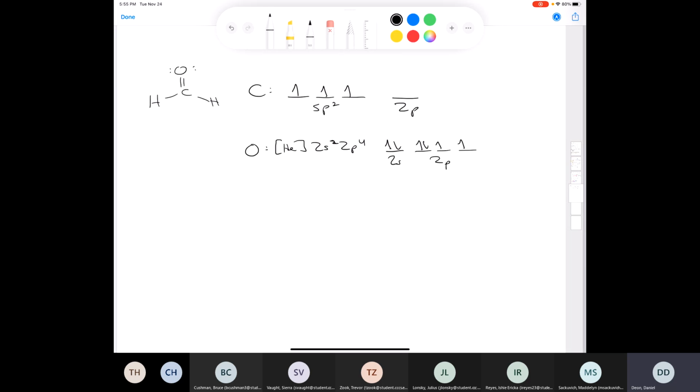Now you might look at that and say, hey, perfect. 2 lone pairs, 2 bonds, 2 unpaired electrons. No, because that doesn't account for the fact that the 2 lone pairs and the sigma bond try to get as far away from each other as possible. So now we've got to make hybrid orbitals.